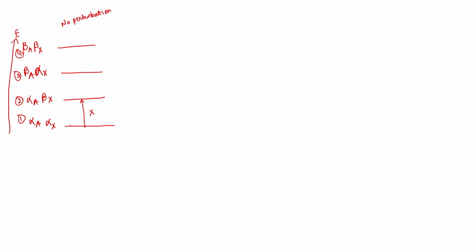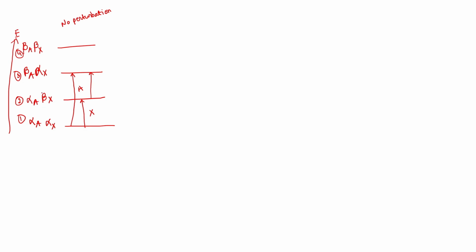If I go from 1 to 3, then the spin change is for A, right? If I go from 2 to 3, the spin changes for both. Alpha A, for A it is going from, have I made some mistake?